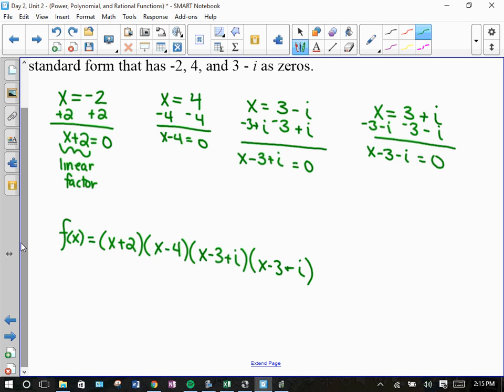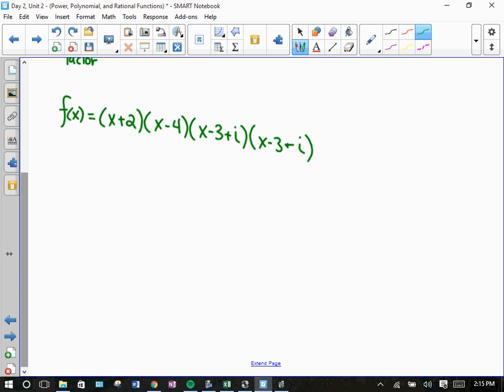I'll be honest, we don't want those imaginary numbers. I can't graph that on my calculator. So what we have to do here is expand this. x times x is x squared. x times negative 4 is negative 4x. 2 times x is positive 2x. 2 times negative 4 is negative 8.